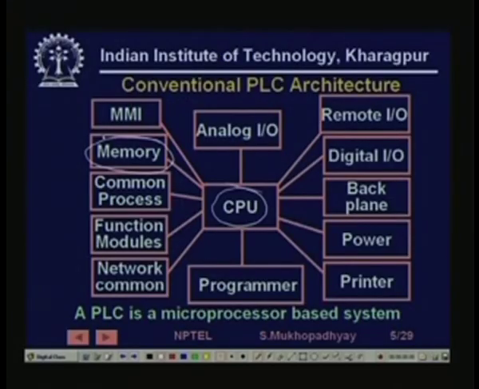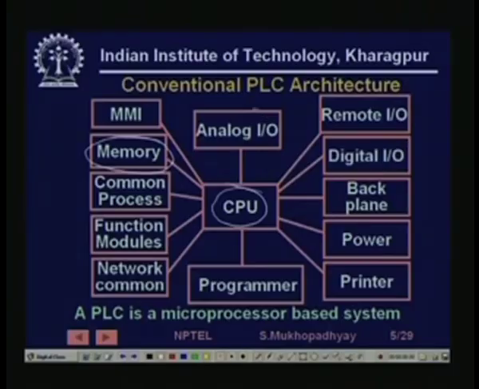You can easily make out that PLC applications are very rich in IO, because their basic job is to interact with the physical world, right. So you have various kinds of IO. For example, you have analog IO, digital IO, remote or sometimes called distributed IO, and network communication, much of which is again IO.